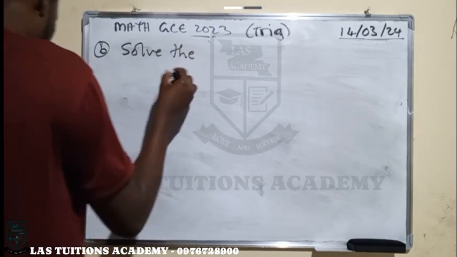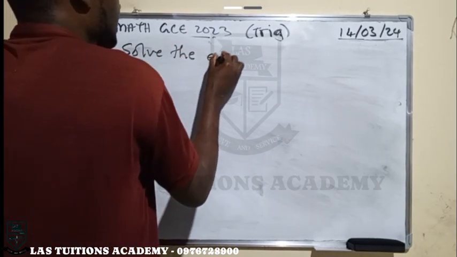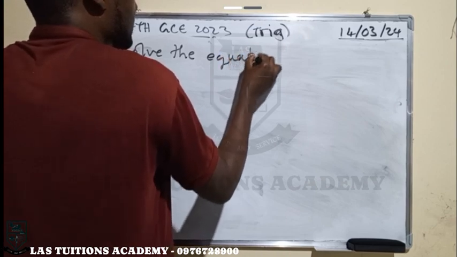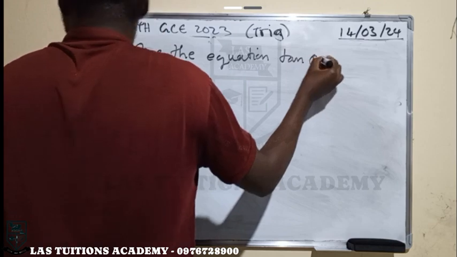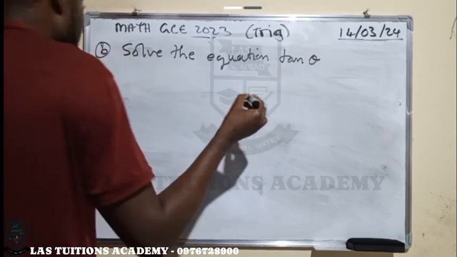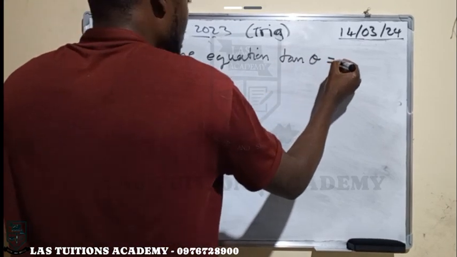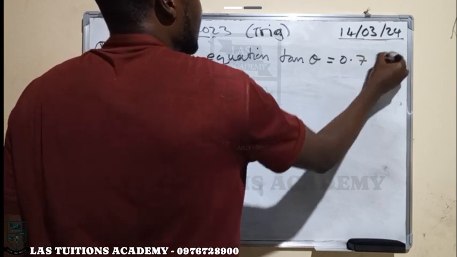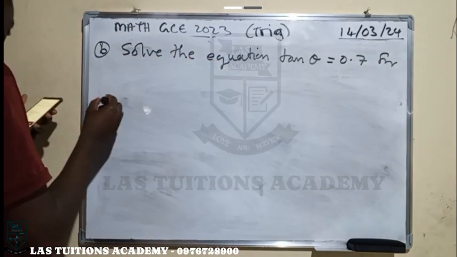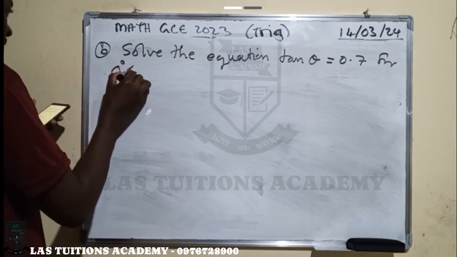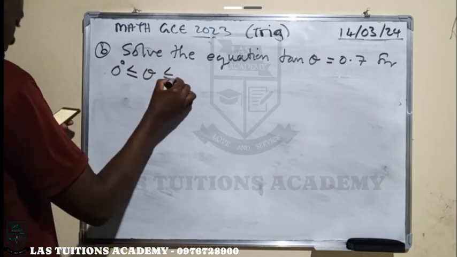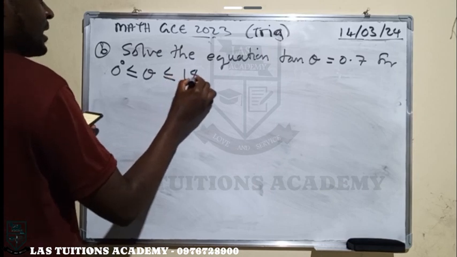Solve the equation tan theta is equal to 0.7 for 0 degrees is less than or equal to theta less than or equal to 180 degrees.